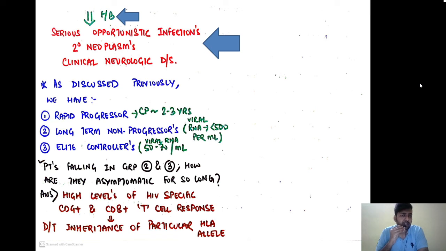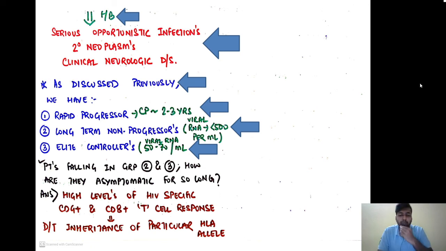Now, as discussed previously, we have rapid progressors, where the clinical chronic phase is just 2 to 3 years. Long-term non-progressors have a viral RNA level of less than 500 per ml, and elite controllers have viral RNA between 50 to 70 per ml.